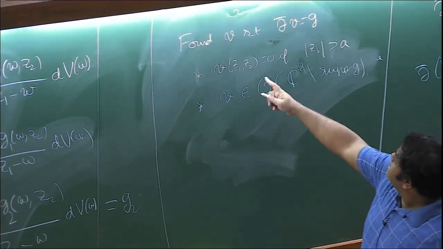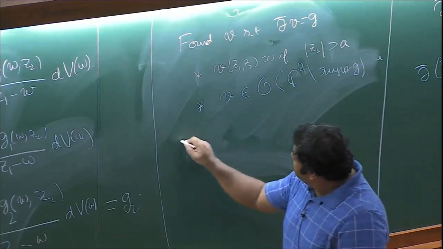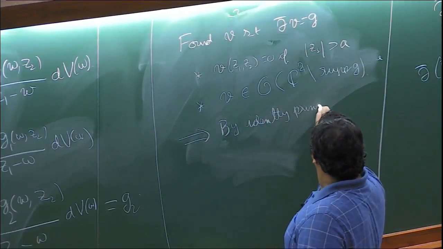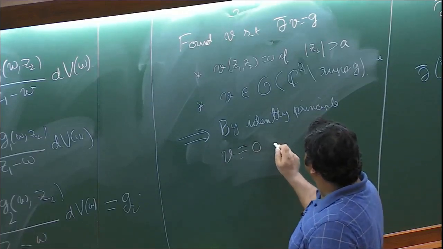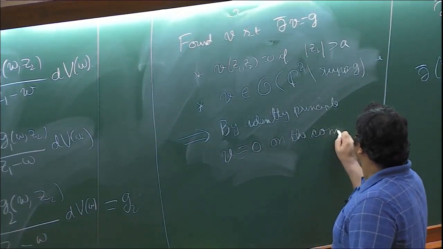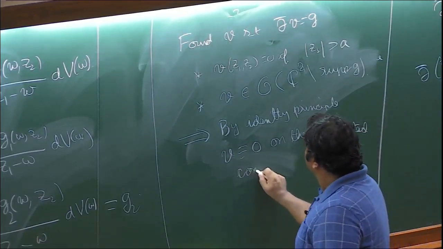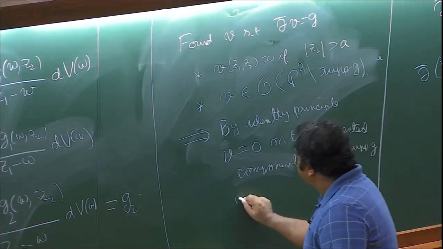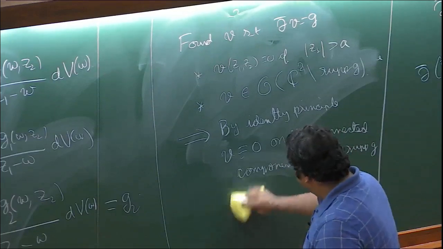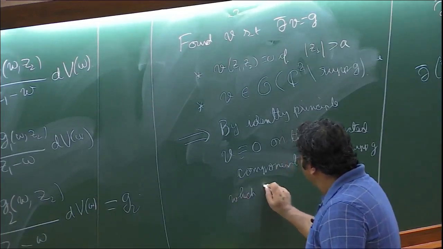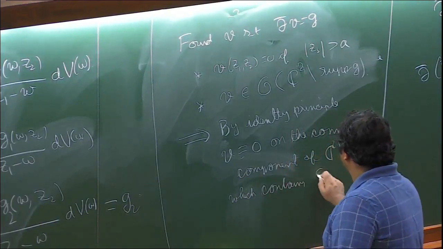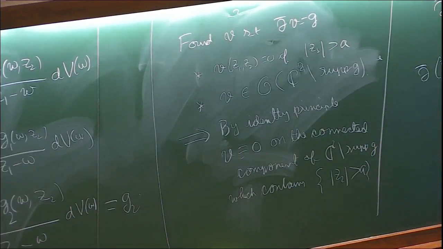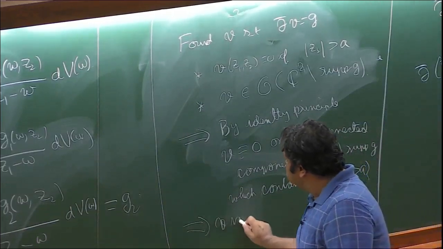But what does this tell me? By the identity principle, V is identically 0 on the connected component of C2 minus the support of G which contains the set mod Z2 bigger than A, which is to say the unbounded component, which means immediately that V is compactly supported.